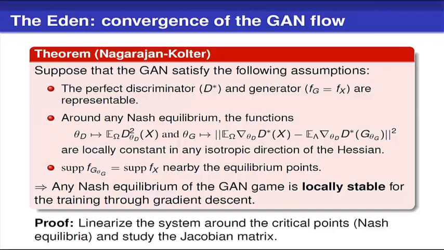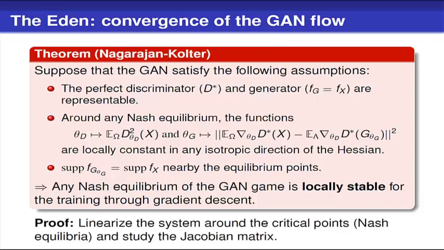The perfect discriminator and the perfect generator have to be implementable, and typically you cannot do that because neural networks are very good at approximating things, but approximating, not nailing. So it is unfeasible to create the perfect discriminator and generator.